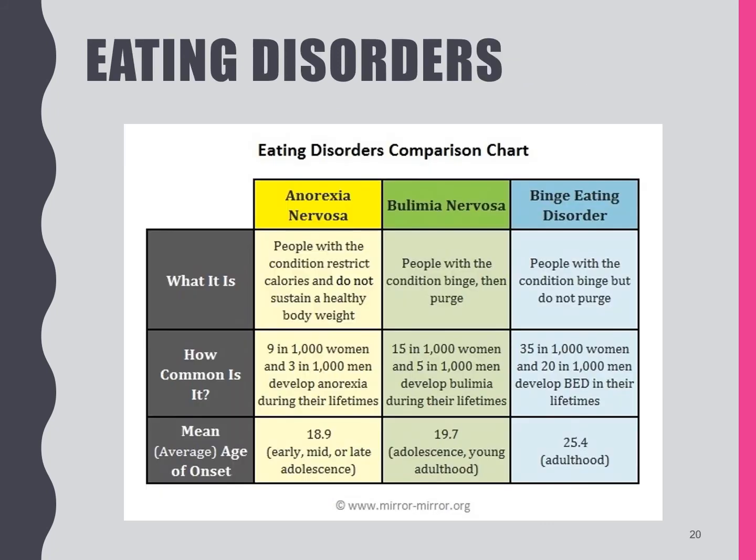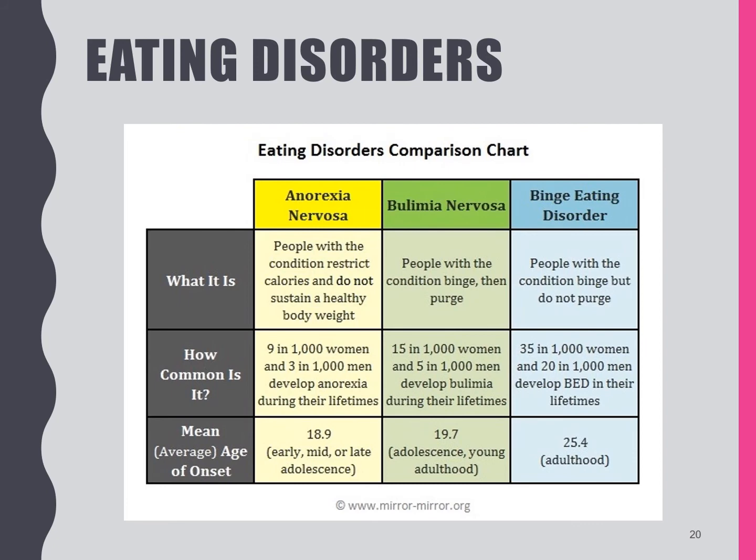There are 3 types of eating disorders that the book talks about. The first one we're going to talk about is anorexia, and anorexia is the refusal to eat, not eating food. This can also be connected to some sort of underlying psychological or behavioral conditions.